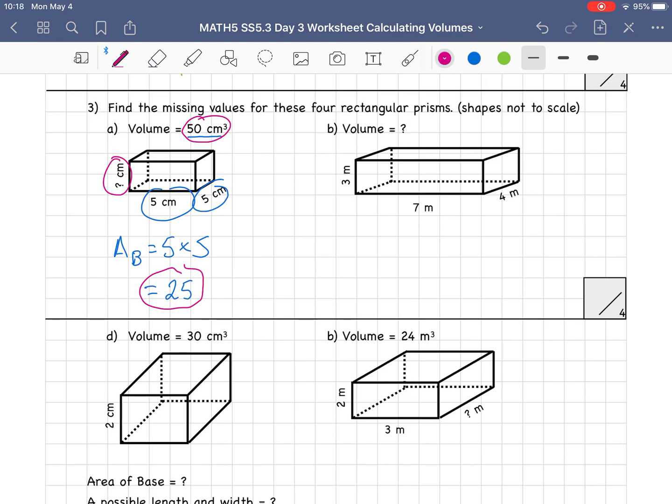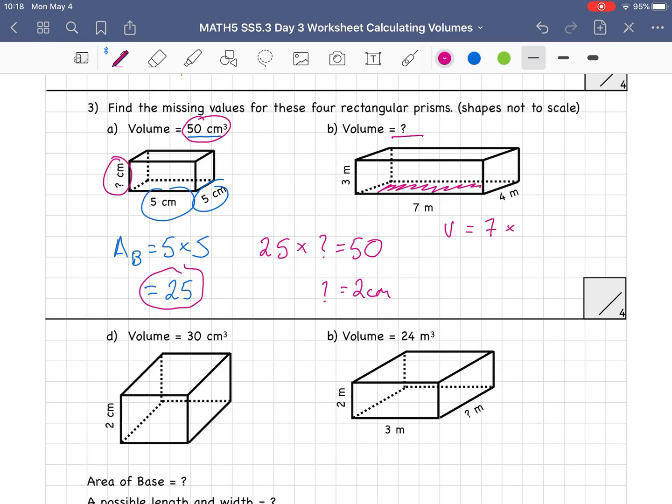Now, to get to our volume, we would have to take our 25 and times it by this. So 25 times what equals 50? That what will be equal to 2 centimeters.